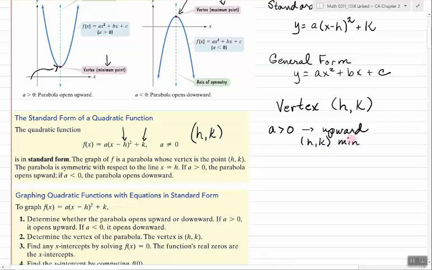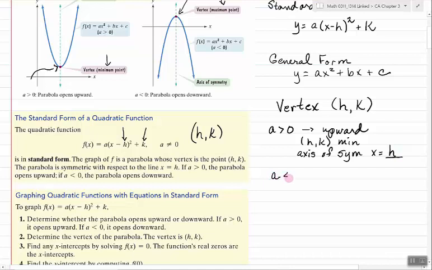I'm just going to abbreviate that min. And the axis of symmetry is a vertical line. It is x equals something, and it is always going through the vertex, so it is x equals the value of h.